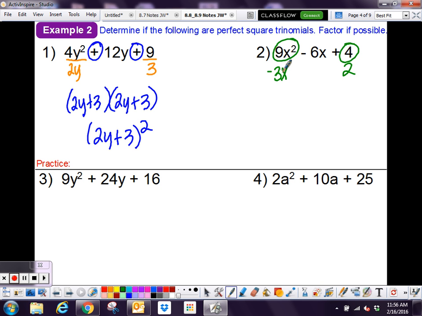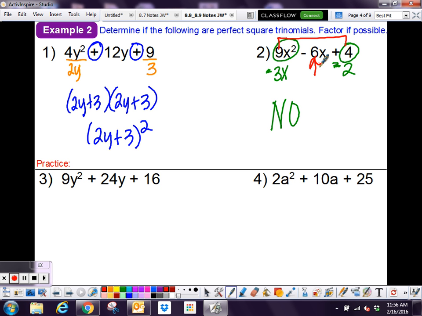These are both going to end up needing to be negative. I need to double that. Well, that is not negative 6x. So no, this is not a perfect square trinomial. We would then have to factor this, so you still have to know how to do a times c and adds up to b. I'm just not going to do that here. We're just going to decide if these are perfect square trinomials or not.